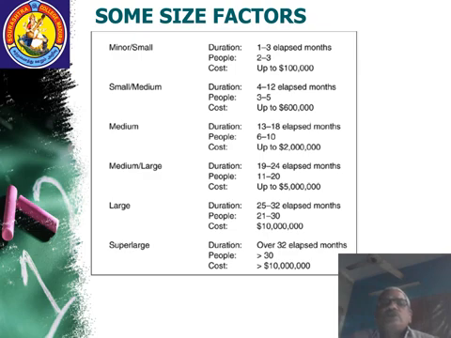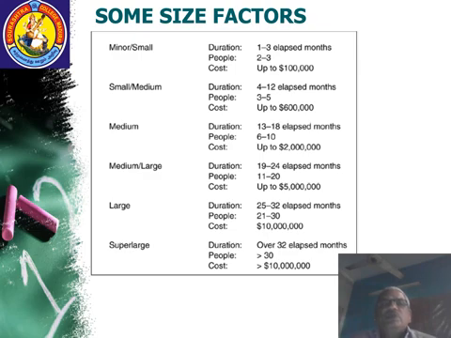The duration to develop the software is 1 to 3 elapsed months, the number of people involved is 2 to 3, and the cost is up to around 1 million. And the same way we have small, medium, medium to large, large size, and super large. So I have different factors.